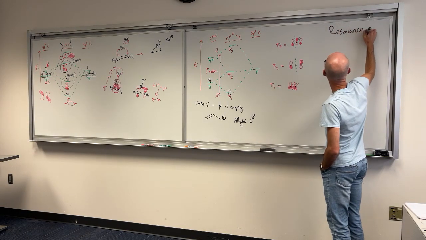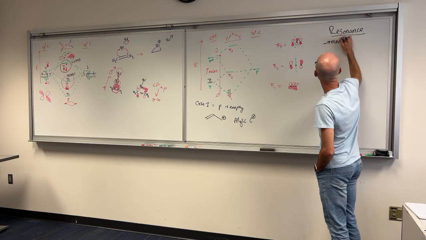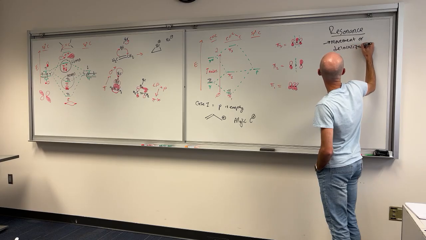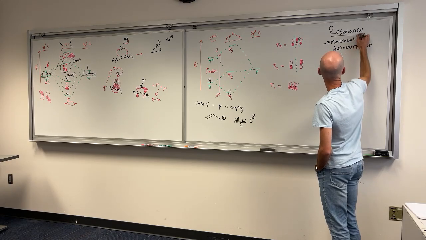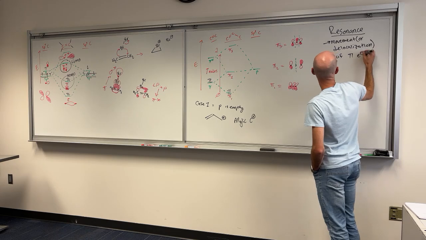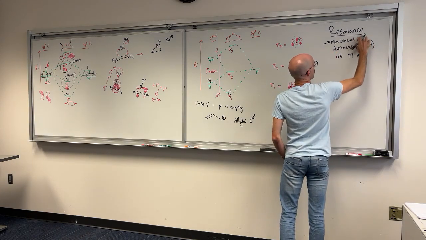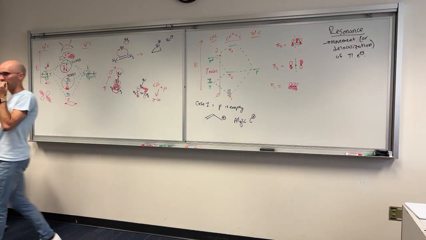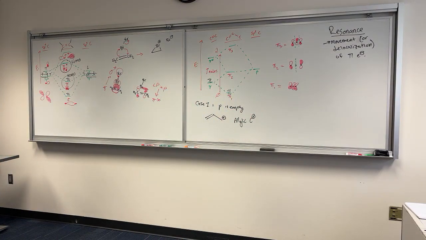Introduce resonance. Resonance is the movement or delocalization of pi electrons. With bond line structures, it looks like movement because bond line is limited in what it can portray about a molecule. In MO theory, resonance looks like delocalization, pi electrons that span several atoms, not just 2.